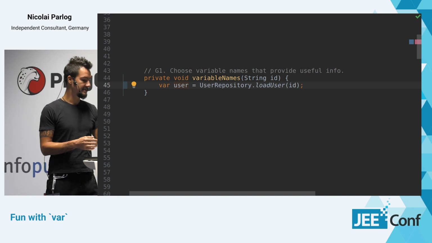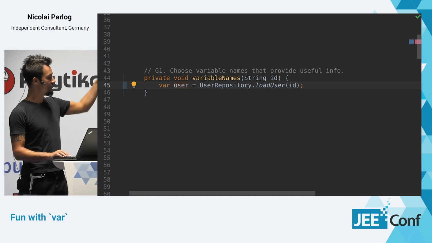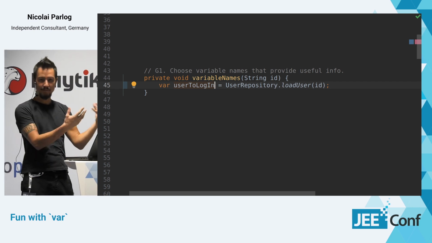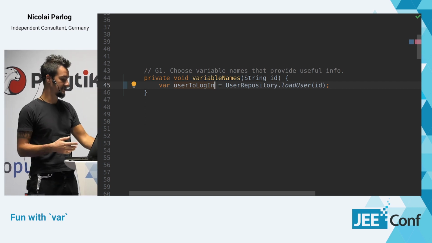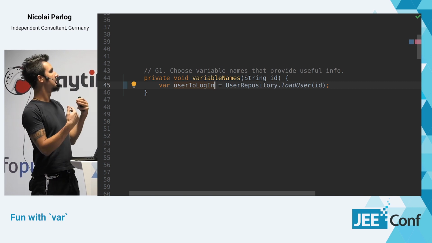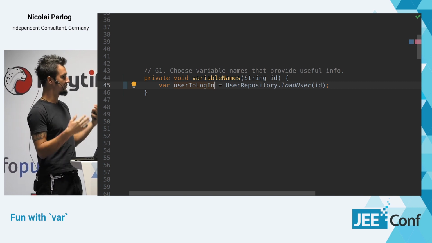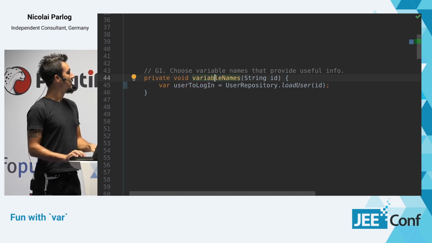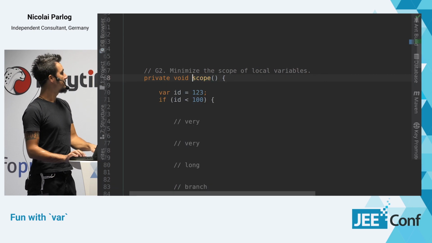The user is something that exists in your entire application, but why do I have a user here? Maybe I want to lock that user in, whatever. There's something that's specific to the user in this context, and I would add that to the variable name. And I think var gives us an incentive to do that because it puts more emphasis on the variable names. Okay, so choose variable names that provide useful information was the first one.